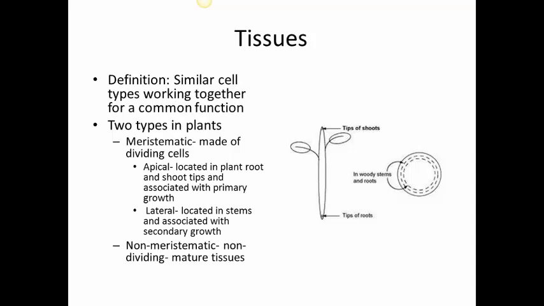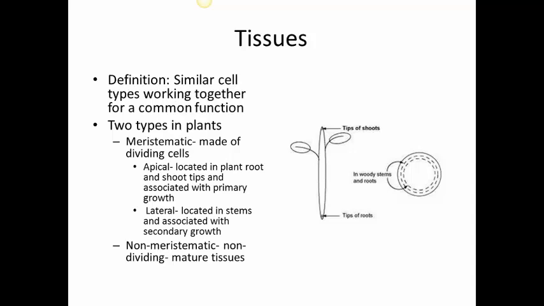So these dotted lines are showing us the locations of these meristematic tissues. So there's a ring of meristematic tissue all around the outside of a stem, not quite on the outside, but all around the outer region of a stem.